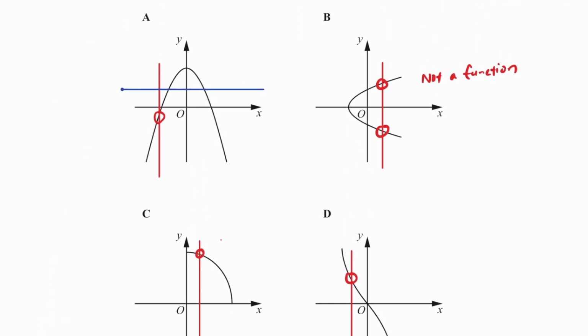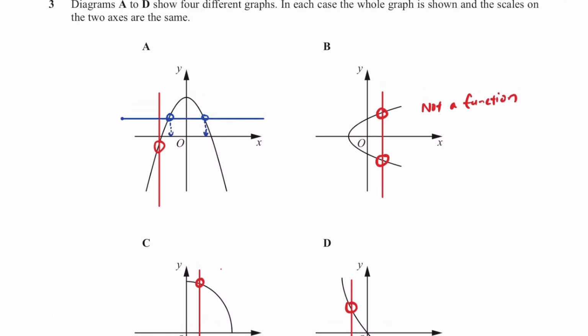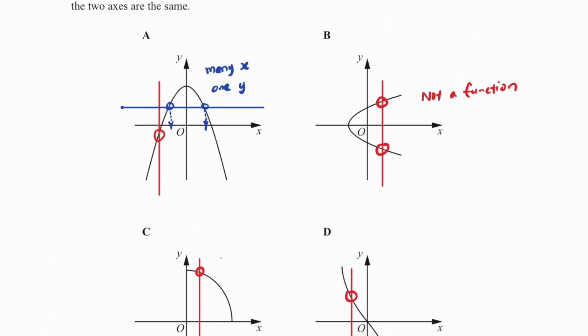If this one intersects at more than one point, as you can see, this is clearly many x, one y. So this is many to one.